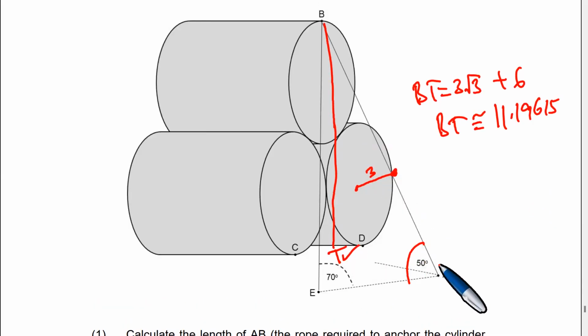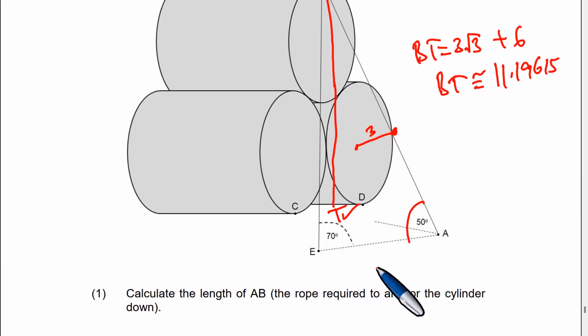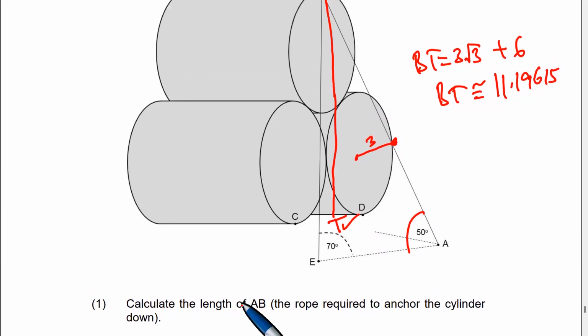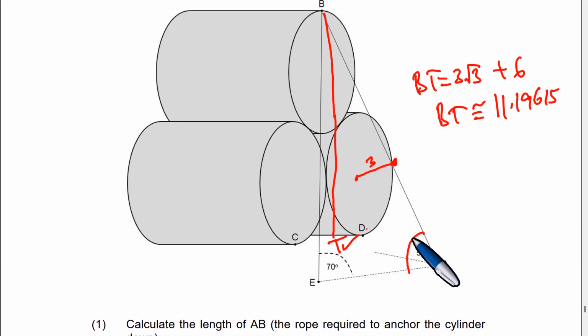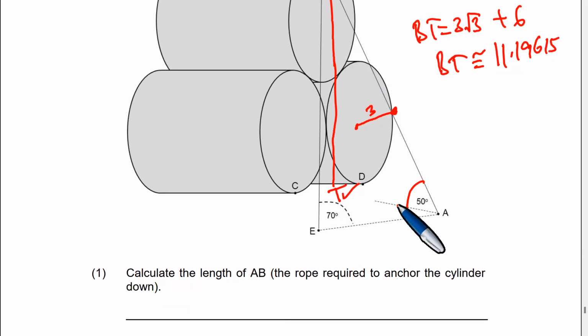If these things are at ground level, you can understand what is happening here. Now we have the length of AB. You have a triangle, and if you bisect it like this, it is perpendicular here, and these are at ground level.